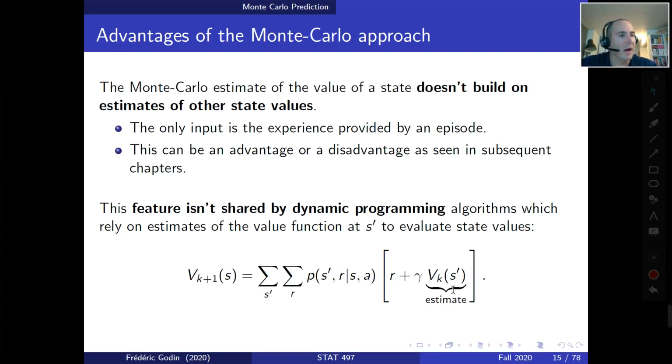You had to have an estimated value, and then you refine this estimated value progressively. Conversely, for Monte Carlo approaches, we don't rely on estimates of the value function to form our new estimates of states. We just take experience as input, and we average returns across all episodes, which is the experience we've simulated.